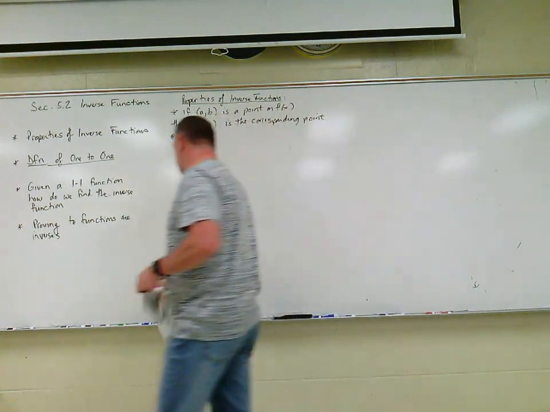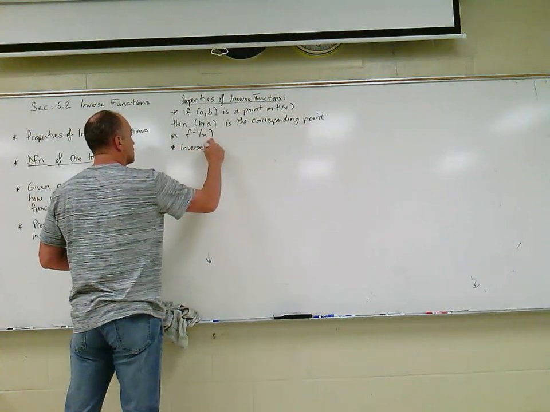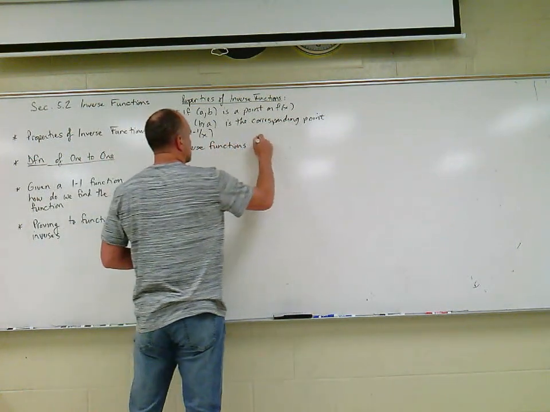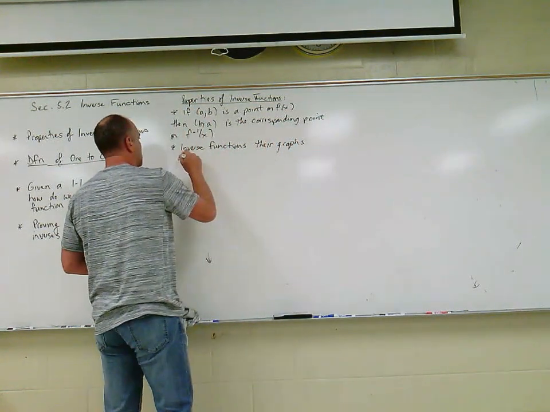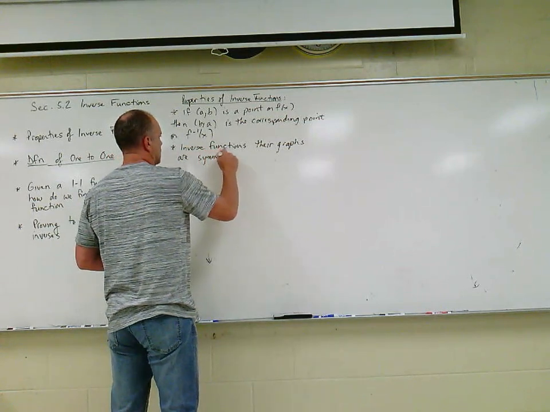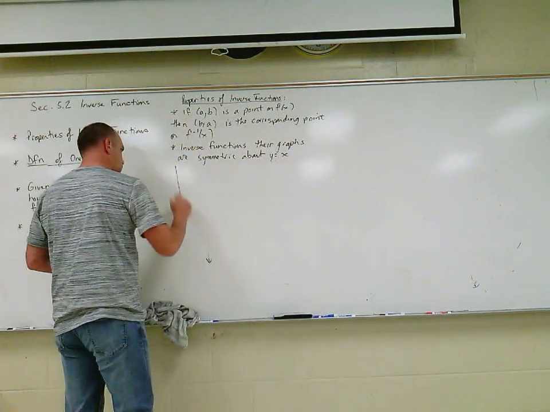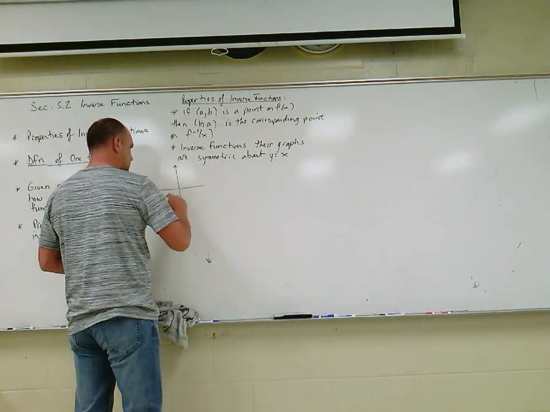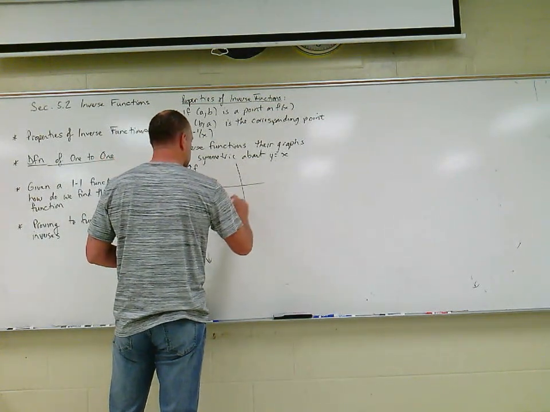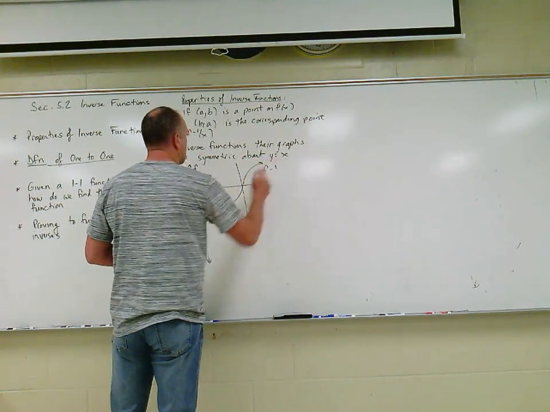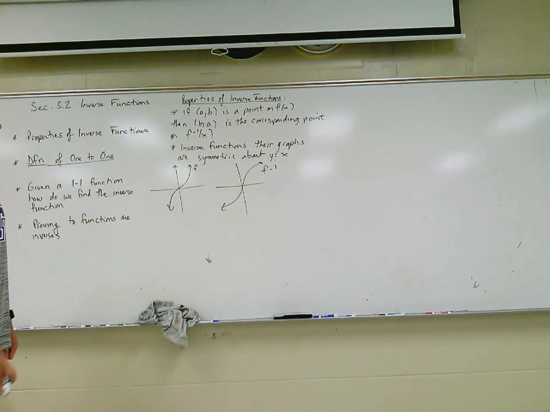So the other property I'll put is that for inverse functions, their graphs are symmetric about y equals x. So we'll just keep a mini view here. This was f for this problem. This was f inverse. And when we put them together, we could see the symmetry there, okay? Those are just rough sketches, all right?